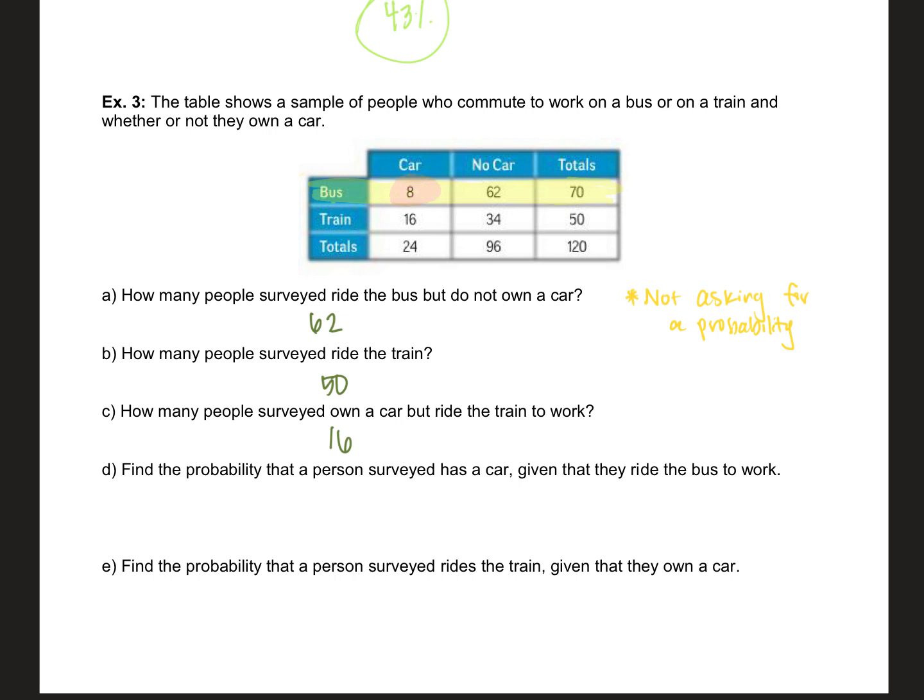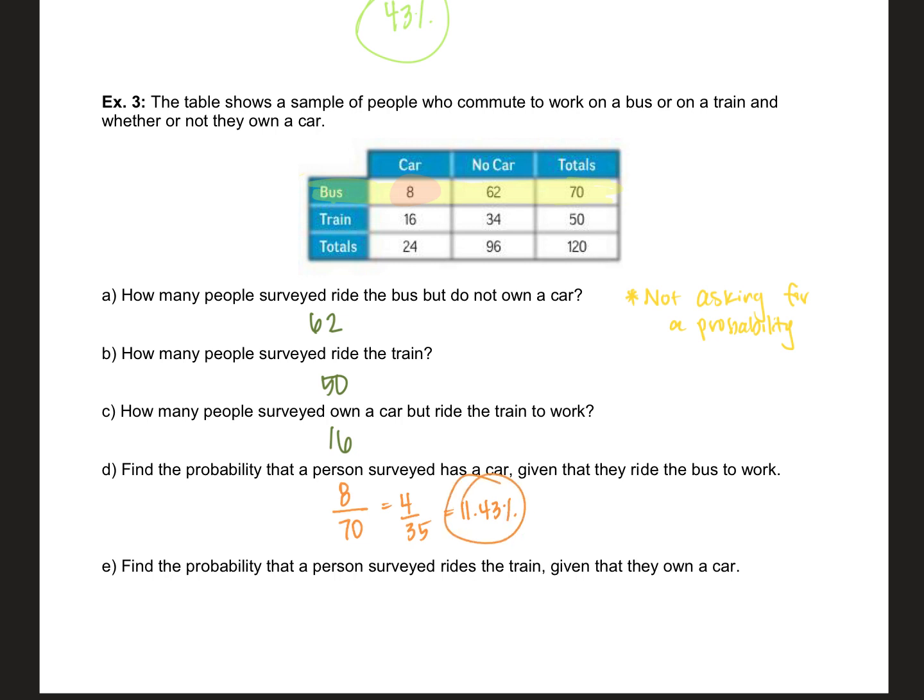So if I'm writing a probability, I need chance over total. So the chance that you ride the bus, but you also own a car is 8, out of the total number of people riding the bus, 70. So if I reduce that fraction, I am getting 4 over 35, or 11.43%.